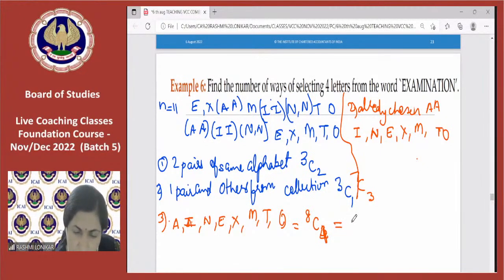When I do 8C4, what will the value be? 8C4 is equal to 8 factorial upon 4 factorial into 4 factorial.